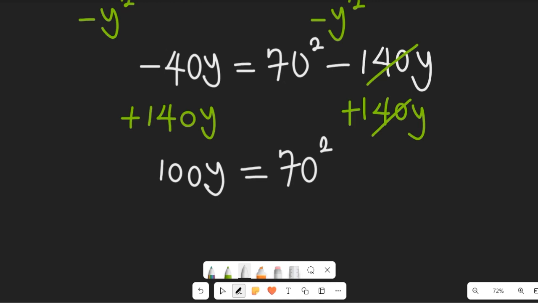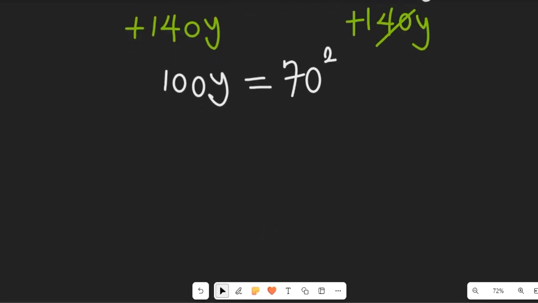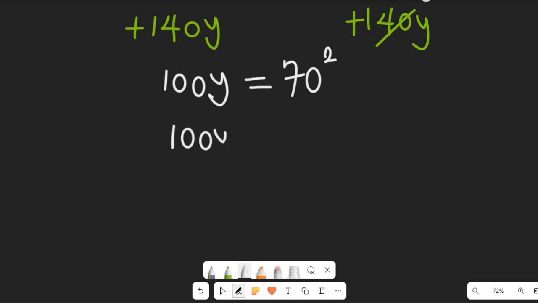So 70 squared is equal to 70 times 70. So this will give us 100y will be equal to 70 multiplied by 70.